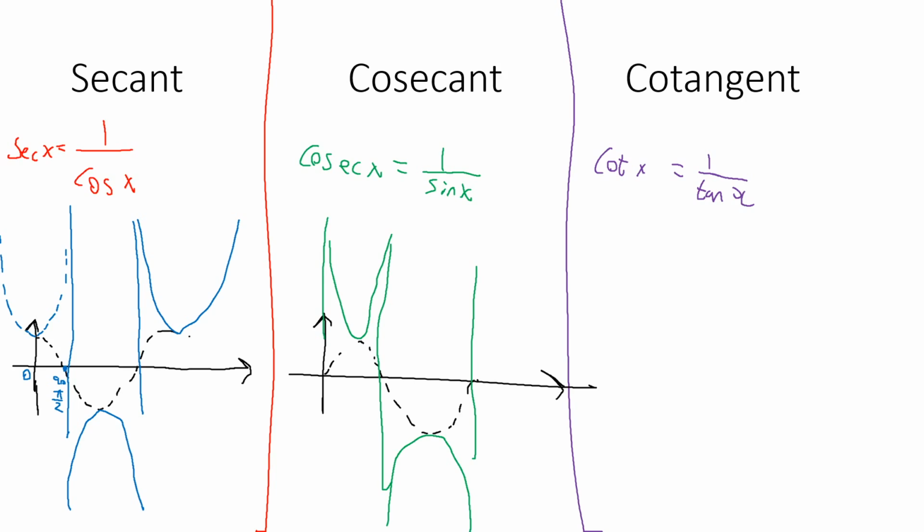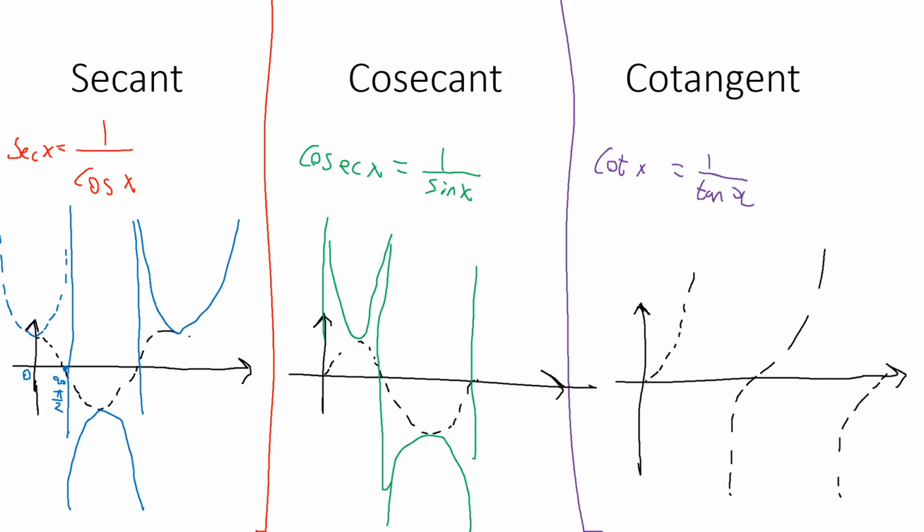What about cotangent of x? Well, the cotangent of x, if you remember what the tan of x looks like, which is something like this. Yeah, something like that, I'd say. Well, it's in reverse this time. You see, let me do this in purple. You see where it's 0? Yeah?